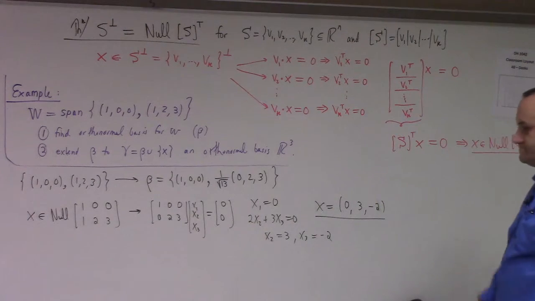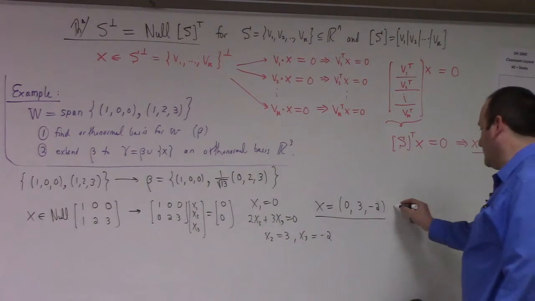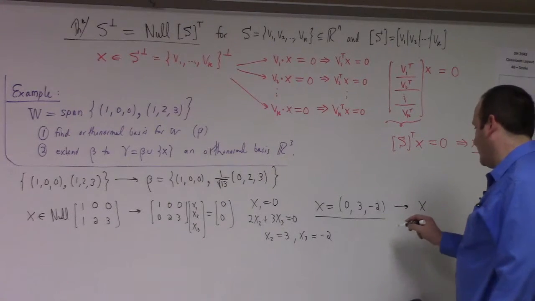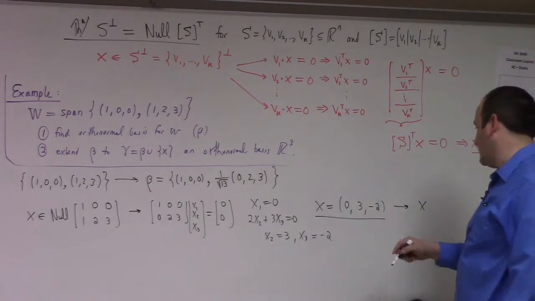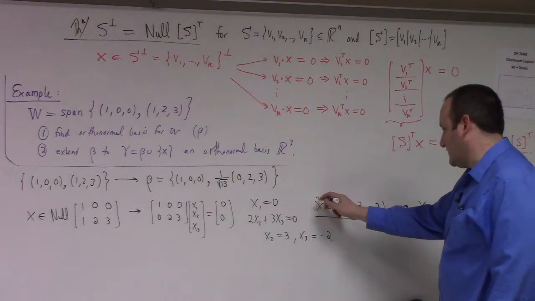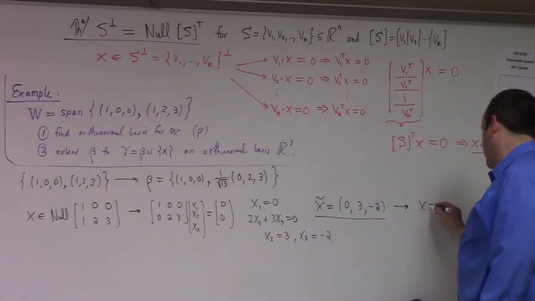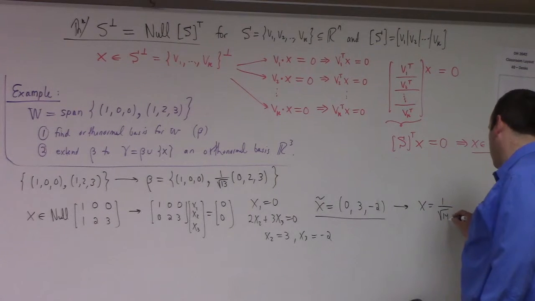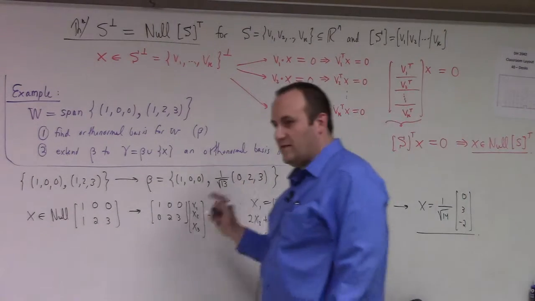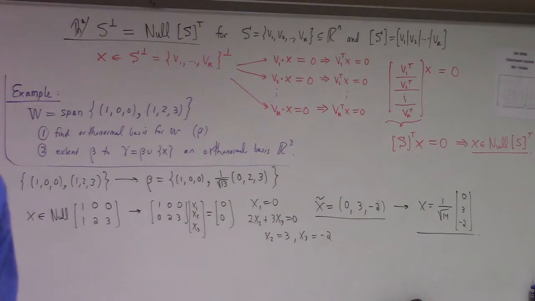That vector is not yet normalized, though, right? So let me call the x that I want to join there, let me call this x tilde since it's not the one I want yet. Fine. X is 1 over the square root of 14 times (0, 3, -2), and there you have it. You join that to those two vectors, and you've got an orthonormal basis for R3.